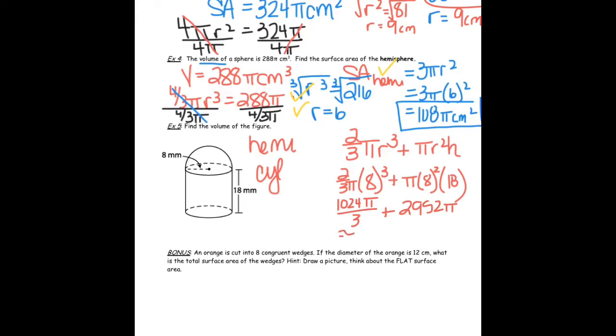So now I'm going to give you an about answer. 1024 divided by 3 plus 1,152, all of that times pi, equals 10,346.3 millimeters cubed.